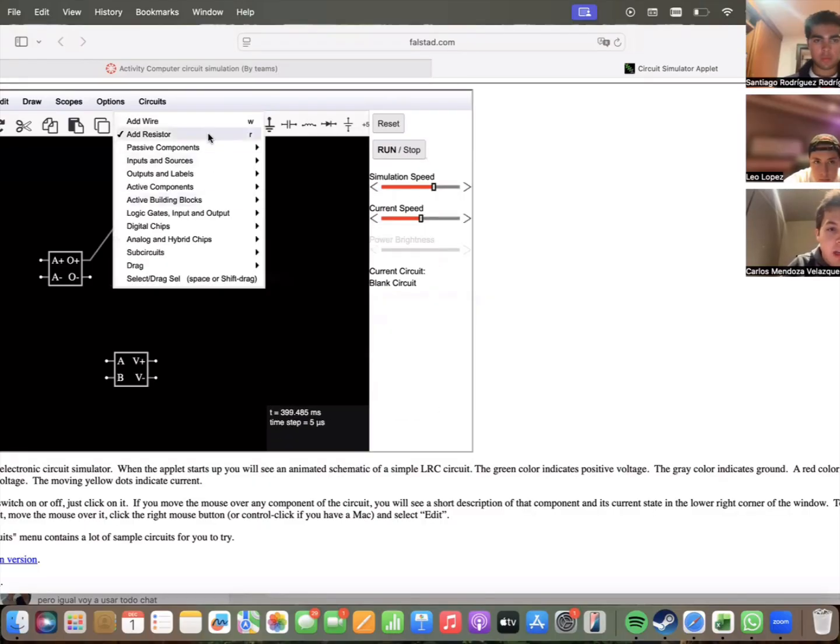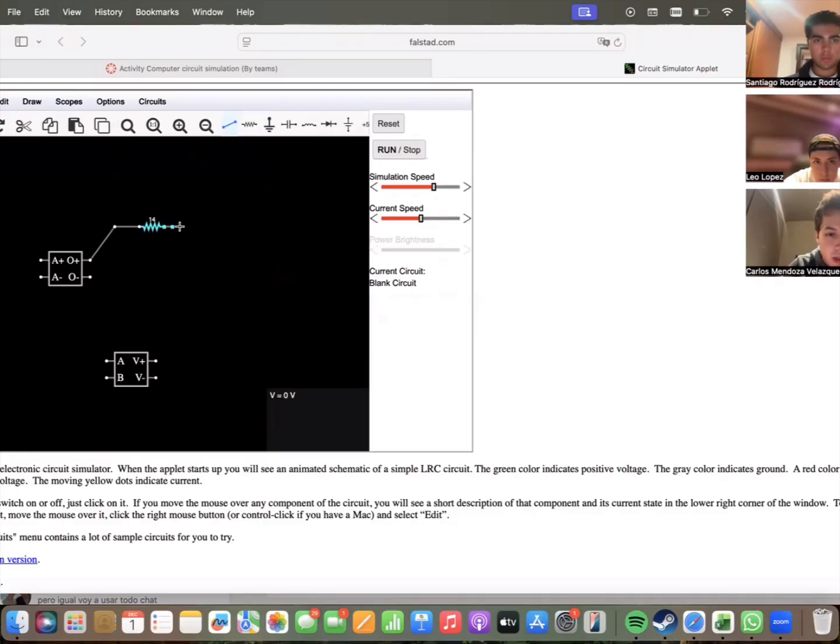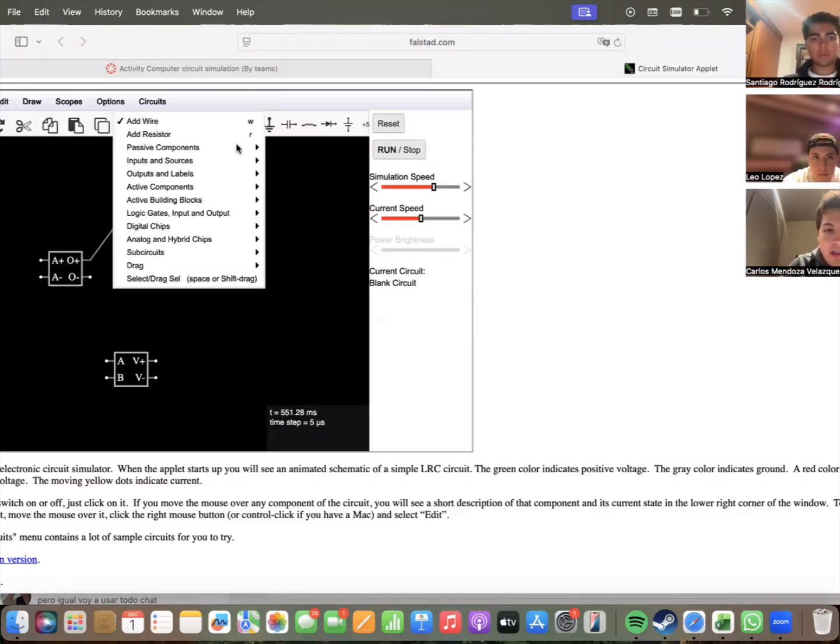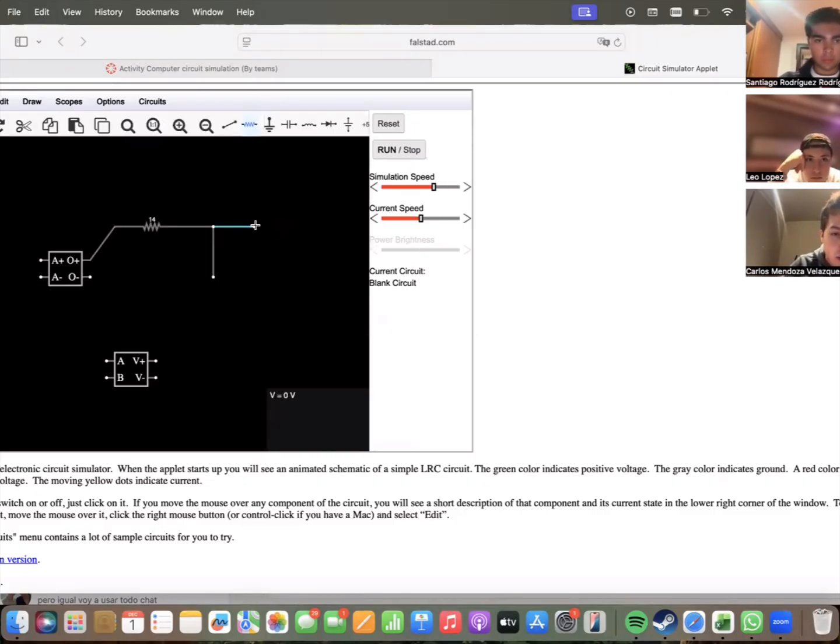Then I continue with another wire, and I stop here to have another node, and I'm going to go downwards, and go this way also. And here I'm going to have my second resistance that's going to have a value of 15.